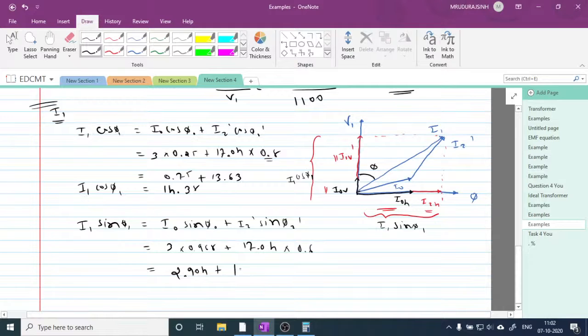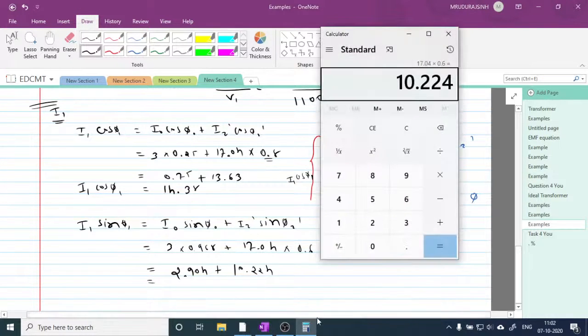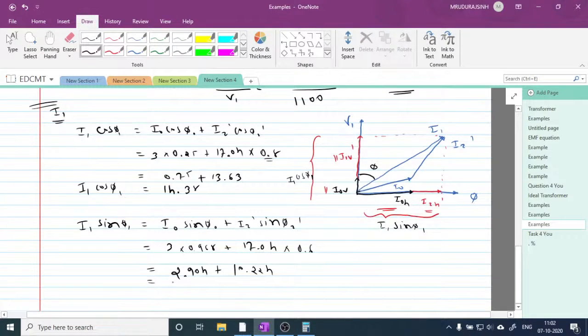So when we add these two, 10.224 plus 2.904, gives us 13.128. So we'll consider this as 13.13. So now we have the cos phi component and we have the sin phi component.